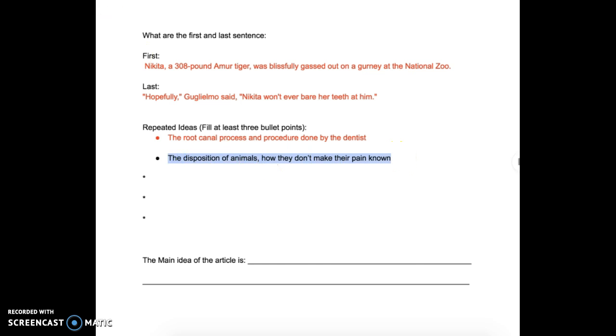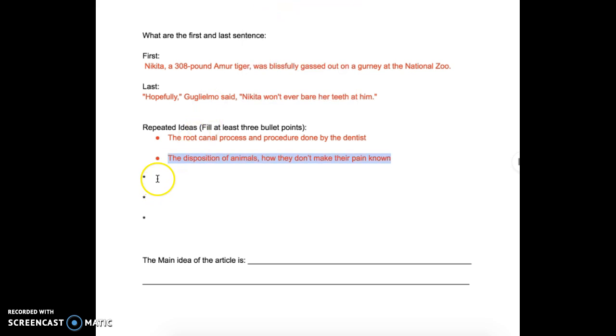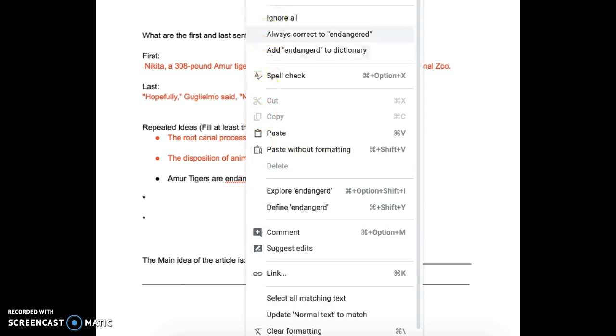And finally, they talked about Pavel, the other Amur tiger at the National Zoo, and how Amur tigers are endangered. And let's see if I can fix that.